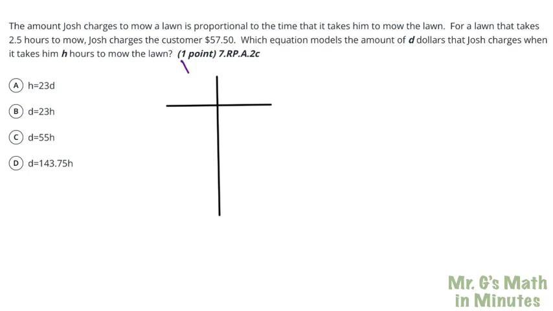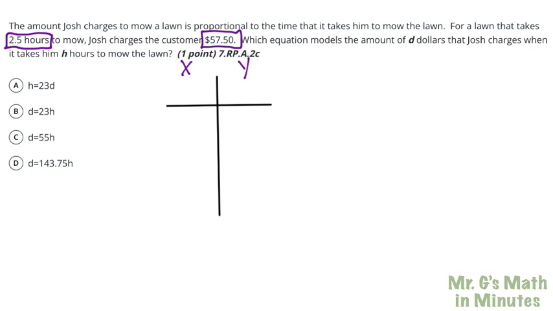So we're going to have our X first, and then our Y, and we need to figure out what we're talking about. Well, we're talking about hours, and we're talking about money. So which one of those do you want to become a 1? Well, obviously, we want the hours, the time, to always be 1. How much money does he make per hour?